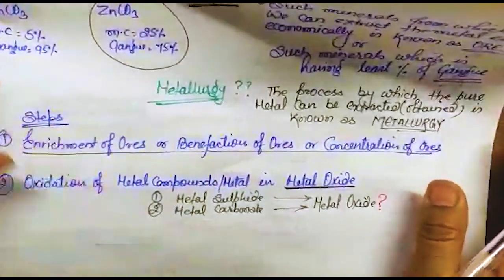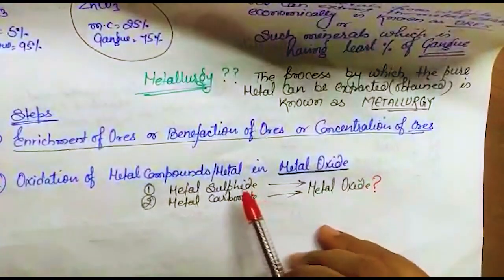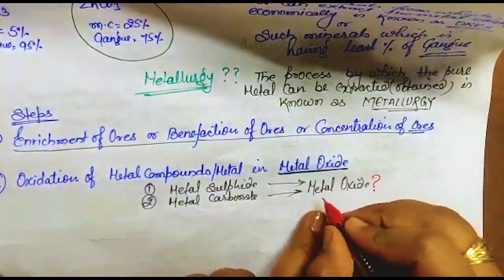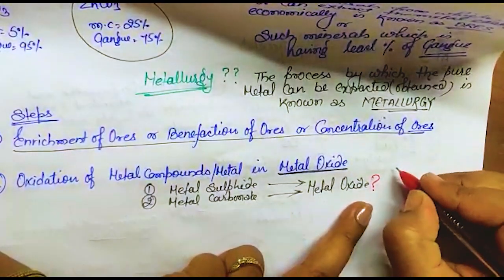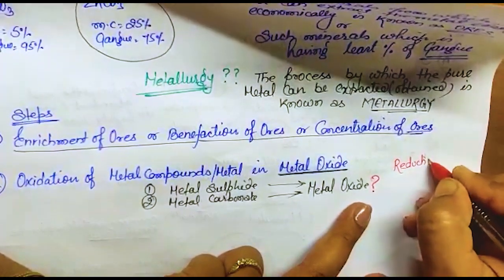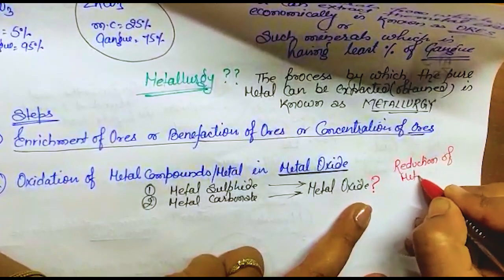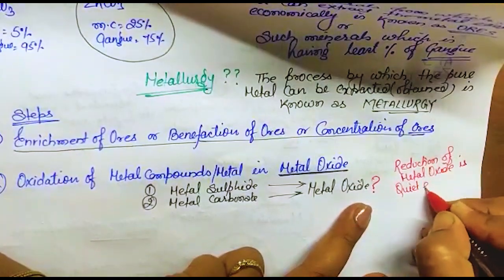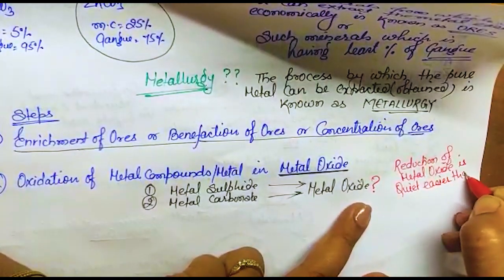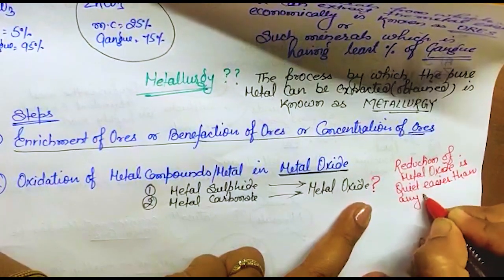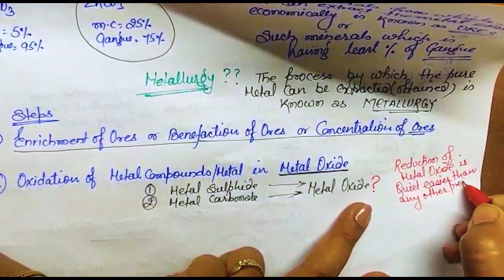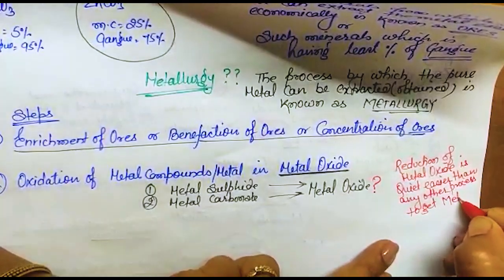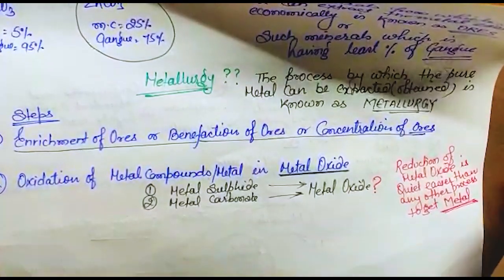What is the advantage? The reduction of metal oxide is quite easier than any other process to get the metal. We want the metal only.